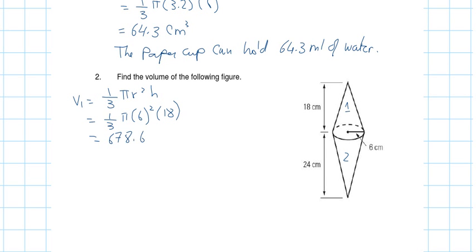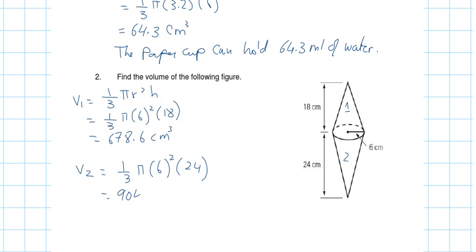And the volume of the second shape is going to be 1/3 pi times 6 squared times 24. And that's going to be 904.8, again, centimeter cube.